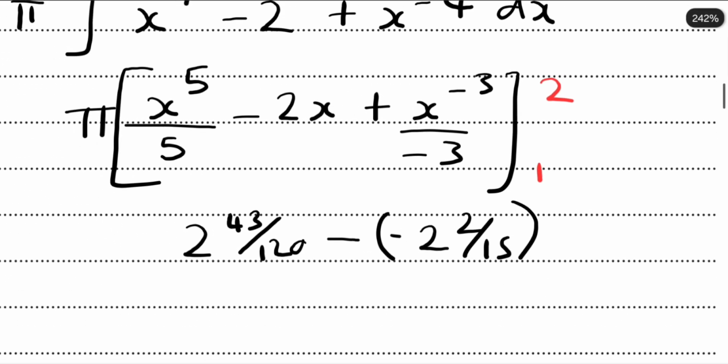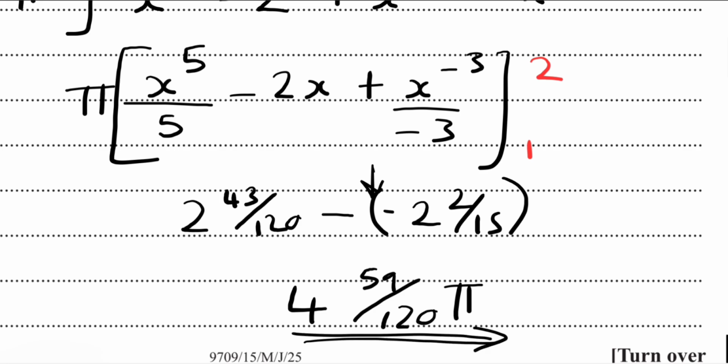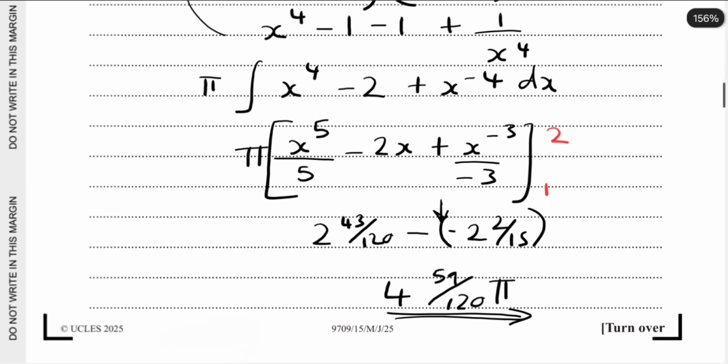And you know this will give us a plus, so it's 2 and 43 over 120 plus 2 and 2 over 15, and that comes down to 4 and 59 over 120 pi, and that will be the volume.